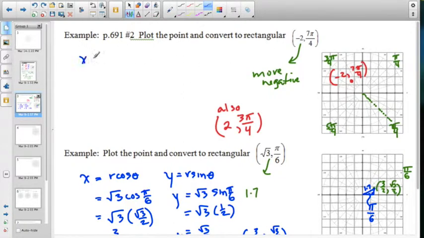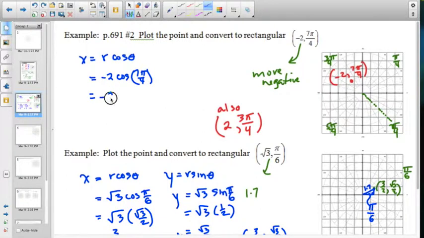We have our x-coordinate is r cosine theta. So we're talking about an r of -2 and a cosine theta of cosine of 7 pi over 4. Now think about 7 pi over 4, it's right here. And so when we're talking about the cosine of 7 pi over 4, that cosine is a positive number.